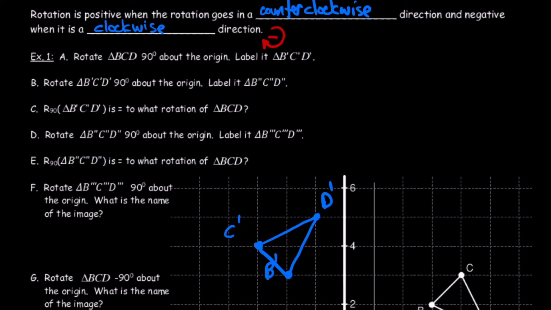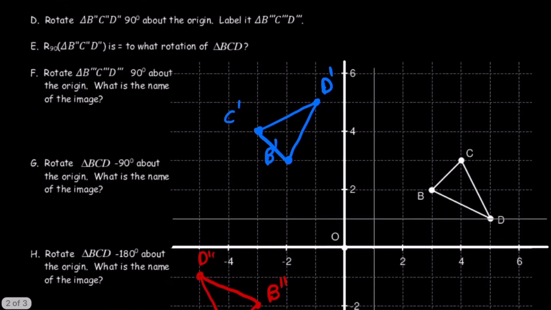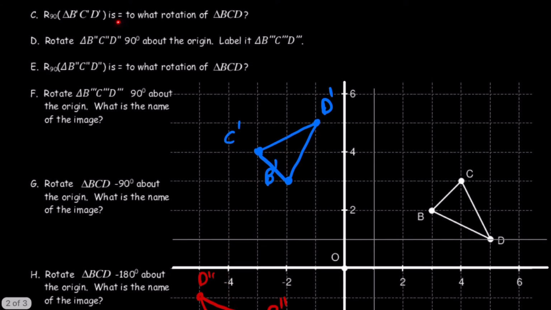Okay, so I think we're on C. It says a rotation of 90 of triangle B prime, C prime, D prime. So this rotation here, going from that triangle to this one, is the same or equal to what rotation of the original?